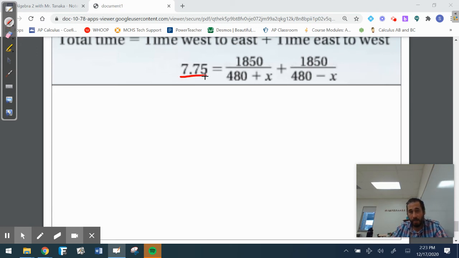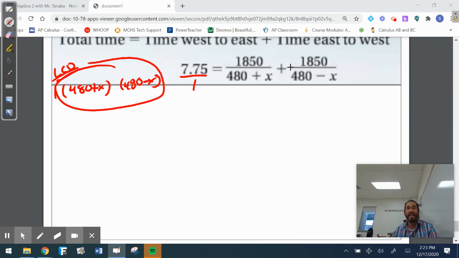Remember, this is 7.75 over 1. So remember, how do we do these? Well, we find an LCD. Remember, I got 1 as a denominator, but we don't ever have to really put 1, but I have 480 plus x as a denominator, and I have 480 minus x. So I got to count both of those in my LCD.